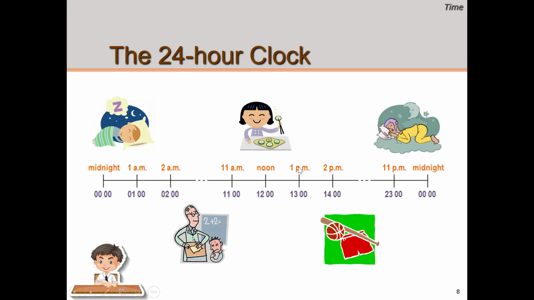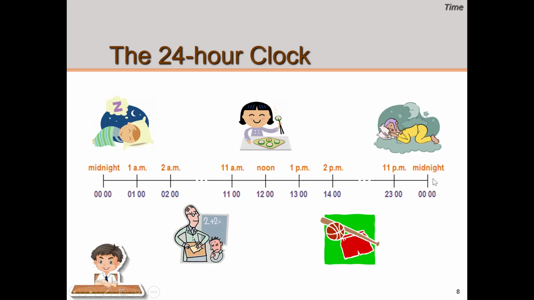Now 1 p.m. in the afternoon is 1300 hours. 2 p.m. in the afternoon is 1400 hours. And 11 p.m. at night is 2300 hours.